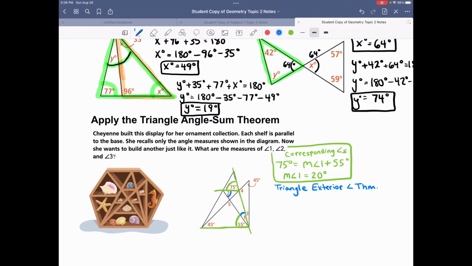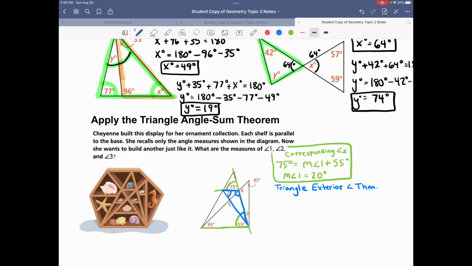And I forgot to put that theorem in your notes, but we'll also have some more practice with this. The triangle exterior angle theorem says that if we have this whole triangle right here, this blue one, then the remote angles 1 and 2 have to equal 75 degrees, because 75 plus whatever this angle is would equal 180 degrees.